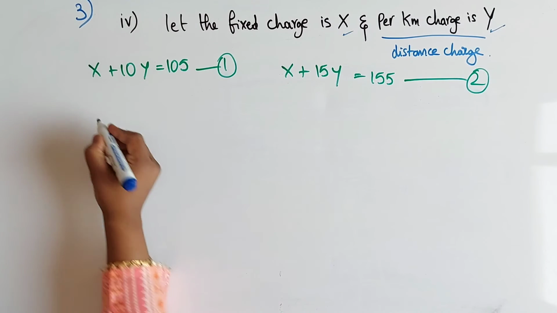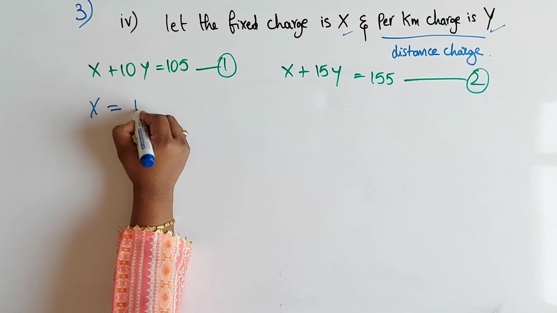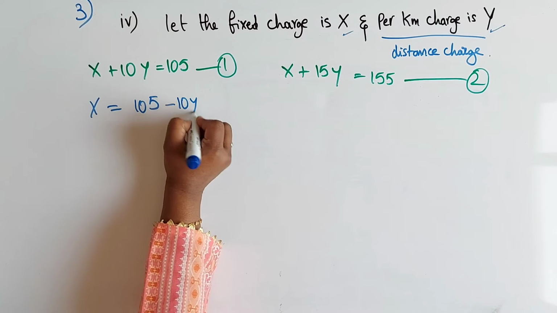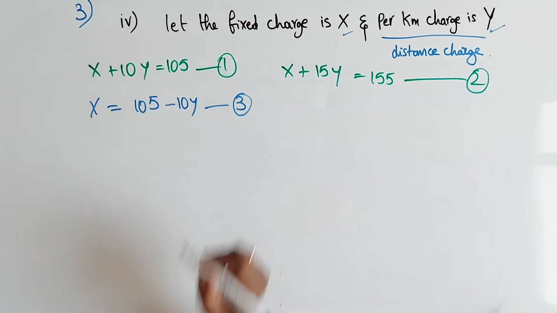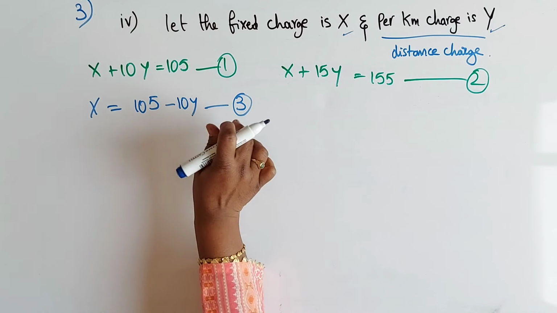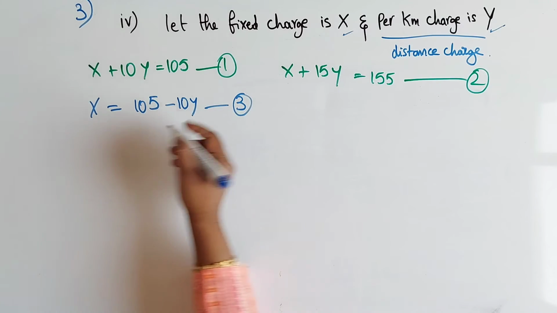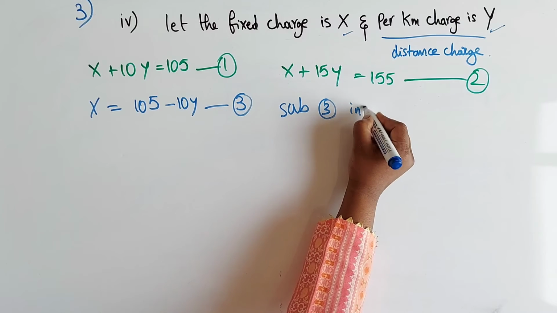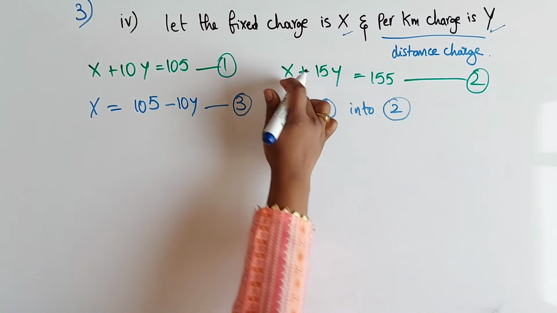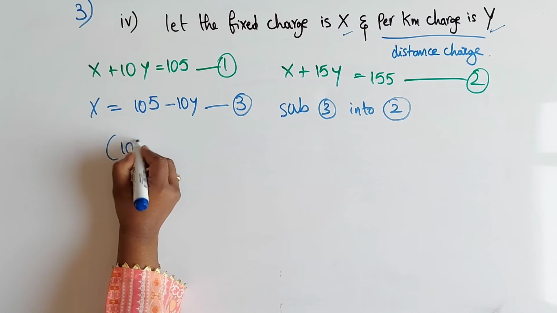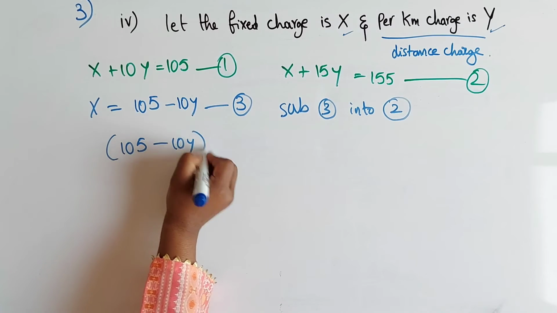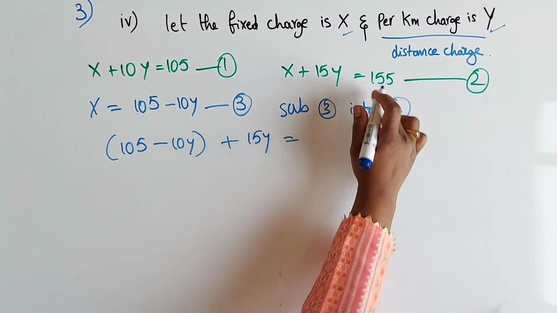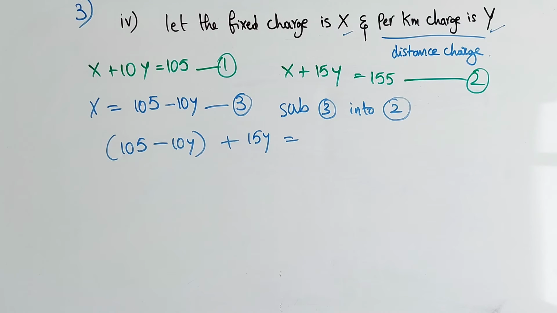From the first equation, we can write x equals 105 minus 10y, as the 10y will go to the right hand side, children. Let this be the third equation. Now we have to substitute this third equation into the second one. What is the x value? 105 minus 10y plus 15y equals 155, children.